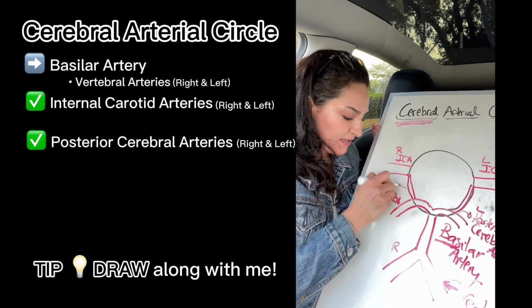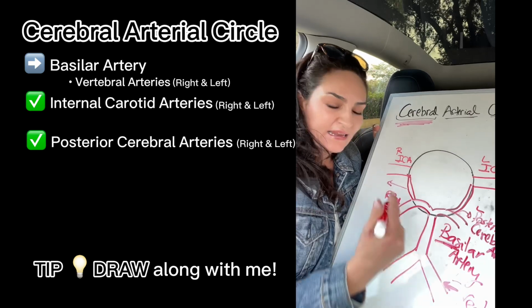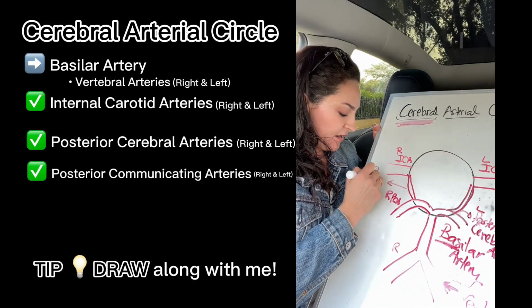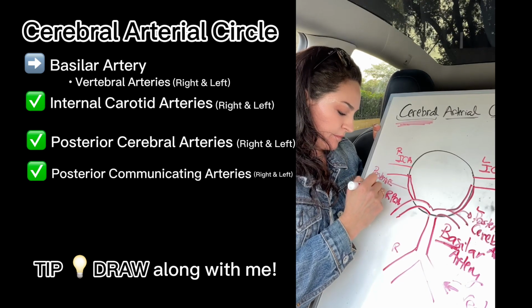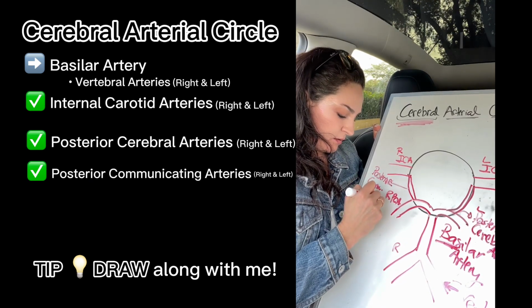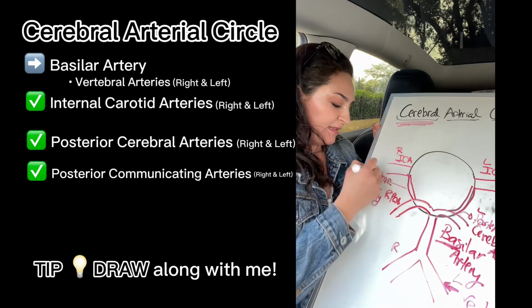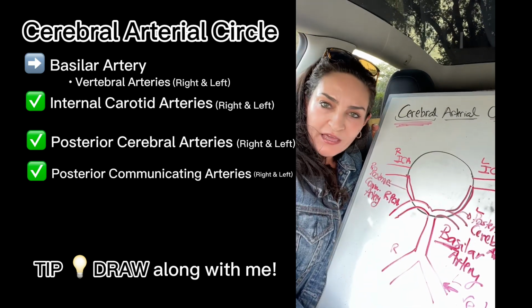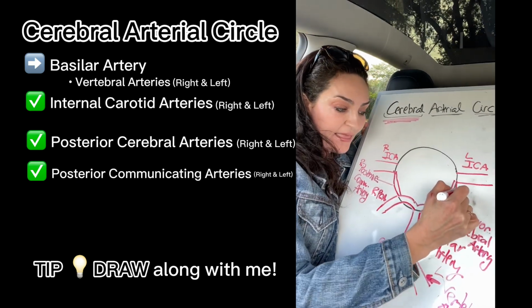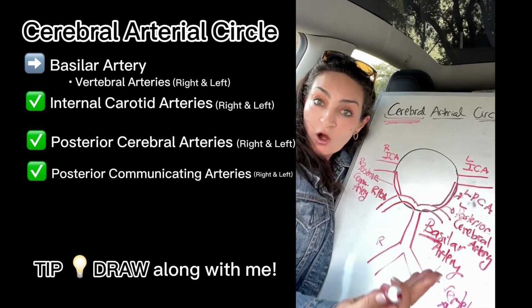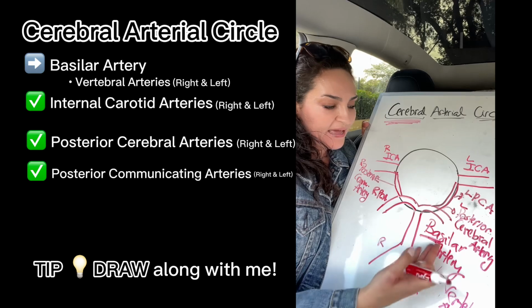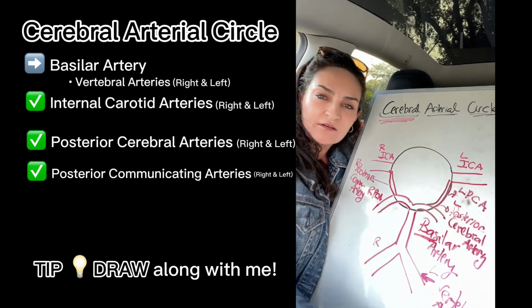So this artery right here was conveniently named posterior communicating artery. And obviously you have one on the right side, the right posterior communicating artery, and one on the left side, the left posterior communicating artery. Their role is to communicate the posterior cerebral artery with the internal carotid artery.